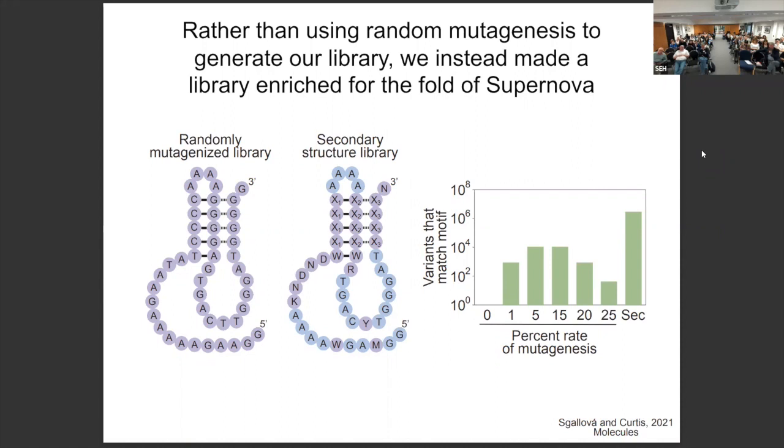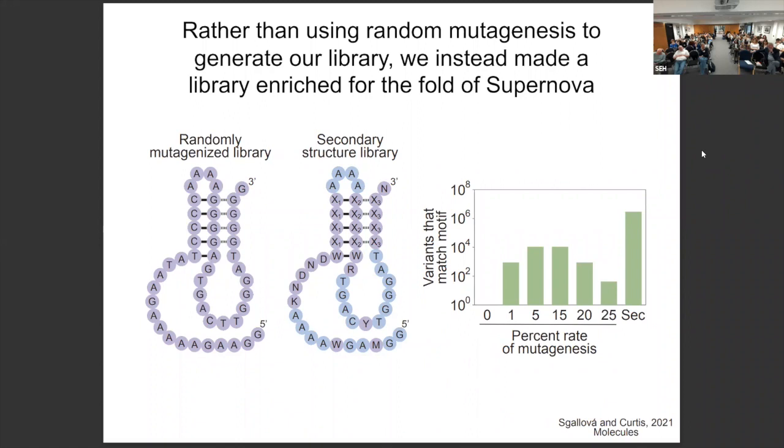On the right, I'm showing you the result of a calculation we did to compare these 2 methods of library construction. What I'm showing on the y-axis is the number of unique sequences expected to occur in the library consistent with the fold of Supernova. We first did this calculation for a series of rates of random mutagenesis.